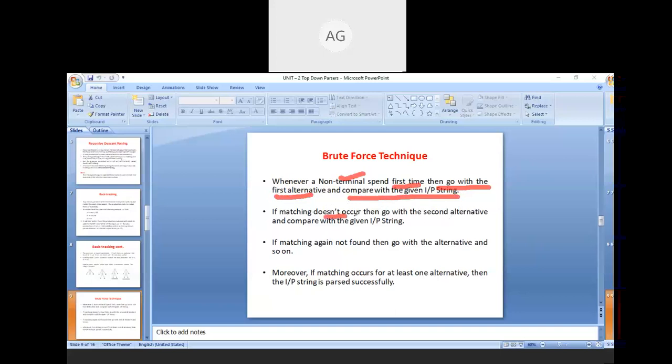If matching does not occur, then go to the second alternative and compare it with the given input string. In our example, OA does not match, so we move to the second alternative, which is EA. If matching is again not found, then go with the next alternative, and so on, where there are more alternatives.